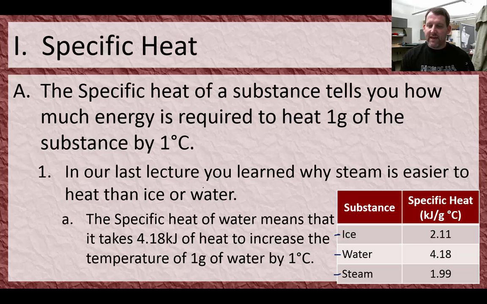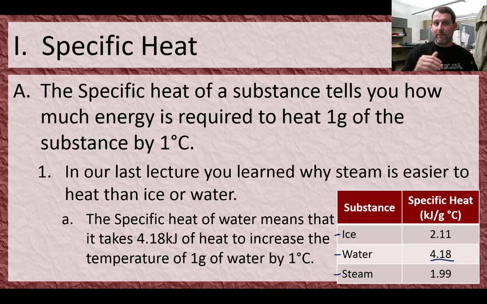Now, what this specific heat means, for water, say for example the 4.18, is that it takes 4.18 kilojoules to heat up 1 gram, so 1 little gram of water, 1 degree Celsius. Because the density of water is 1 gram per cubic centimeter, and a cubic centimeter is equal to a milliliter, it takes about 4.18 kilojoules of energy to heat up 1 little milliliter of water by 1 degree Celsius.